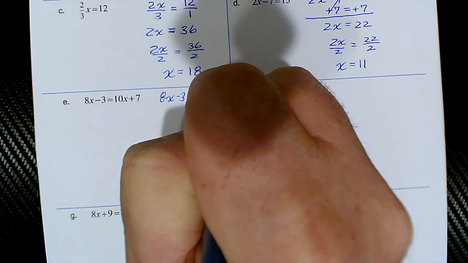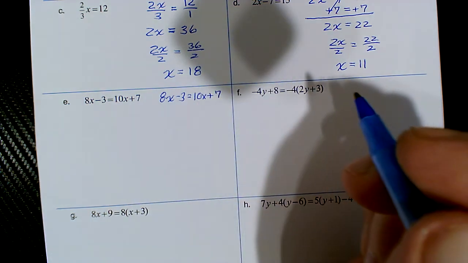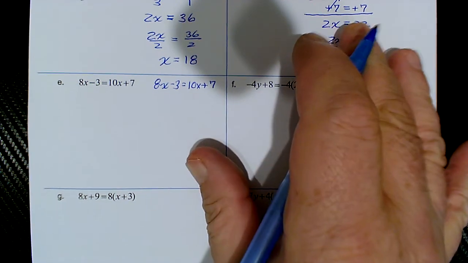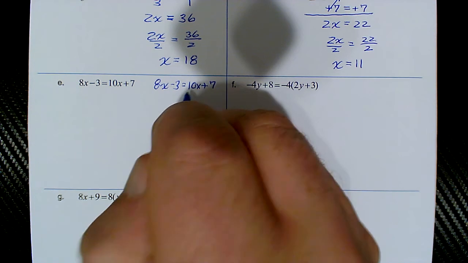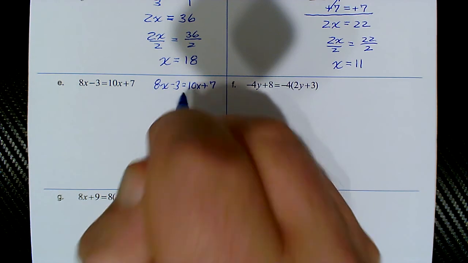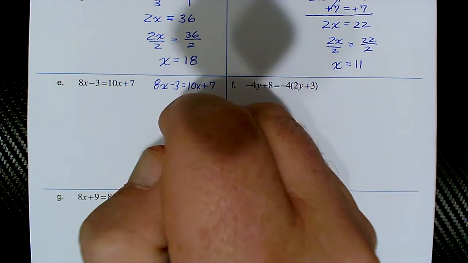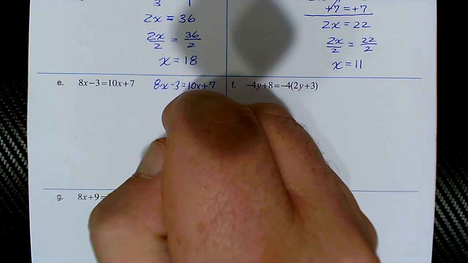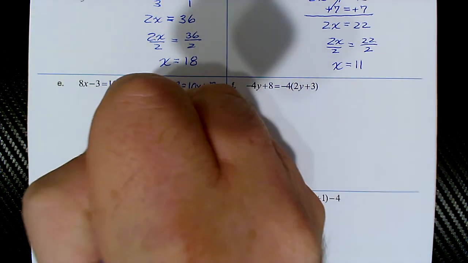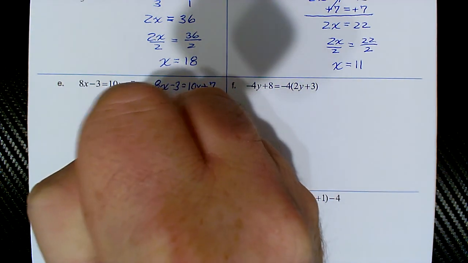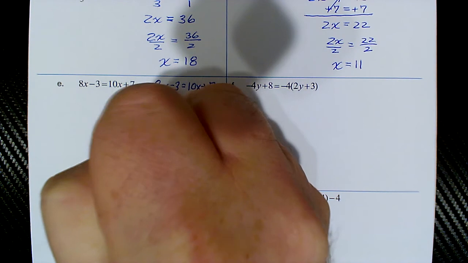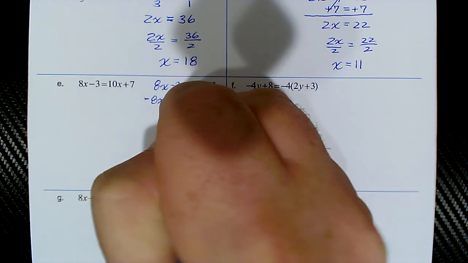The guideline is to bring the variable to the side where the coefficient of the variable is greater. And the coefficient of the variable is greater on the right side. So therefore, if I want to move the variable to the right, I'm going to subtract 8x from both sides of the equation.